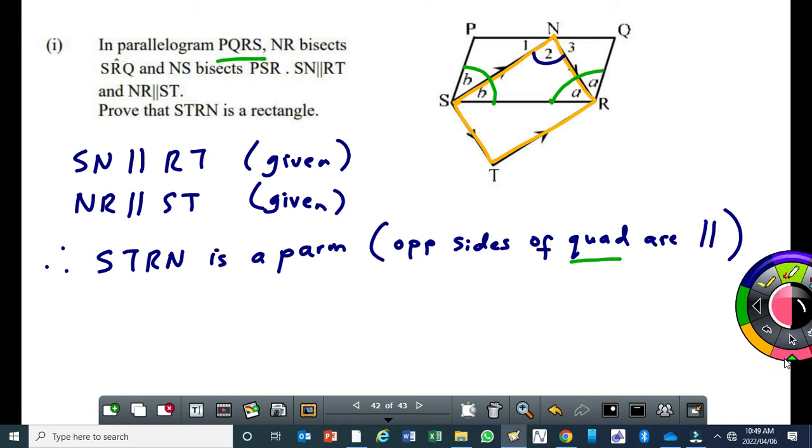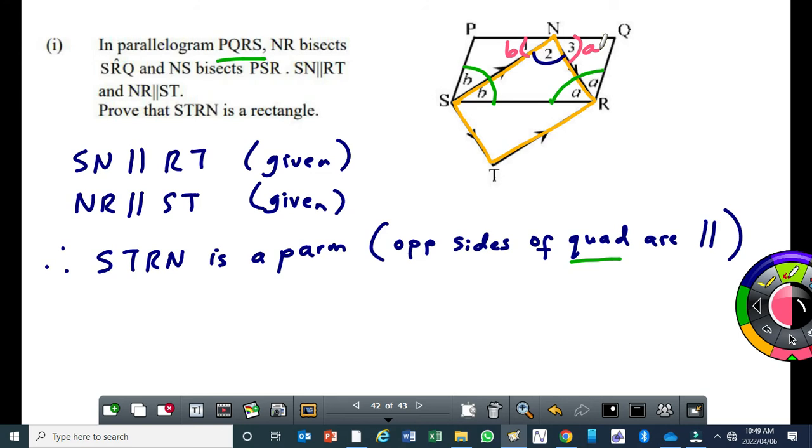Because SR is parallel to PQ, this angle is also equal to B, right? And this angle here is equal to A. Does that make sense to everybody? Yes, they are alternate angles.